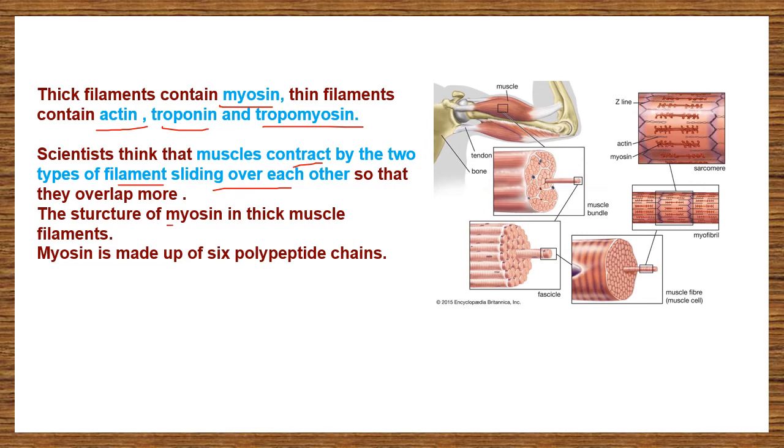The structure of myosin, the thick muscle filament: myosin is made up of 6 polypeptide chains, which you need not study. If you find it interesting, you can see here, that is the muscle. And this is the magnified picture of these muscle bundles. And here you will find the fascicle, this portion. And this is a magnified picture of this portion.